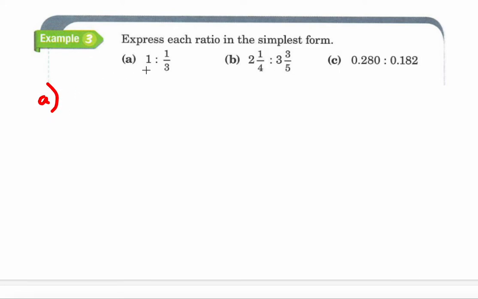So if I were to write A in fraction format, that's disgusting, right? We don't want a fraction inside a fraction. So that's what we're trying to avoid here. We want to make sure that they're all whole numbers. Because if we're writing as a fraction, it's just going to be a fraction within a fraction, and that's hard to compare stuff.